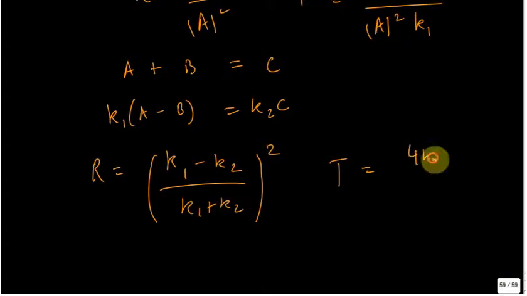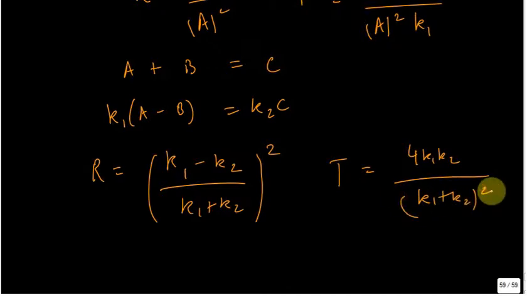It is 4 K1 K2 by K1 plus K2 square. Okay. So this is something which is different from classical mechanics straight away.